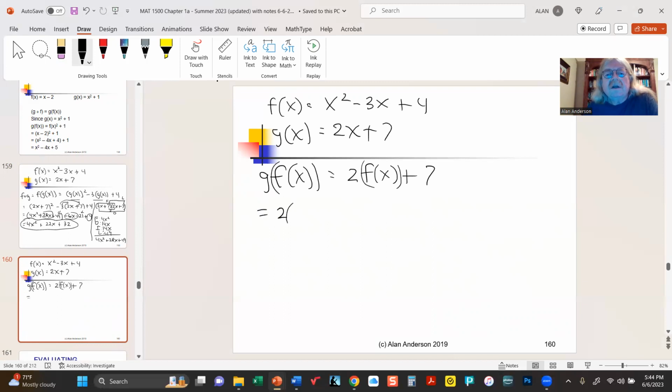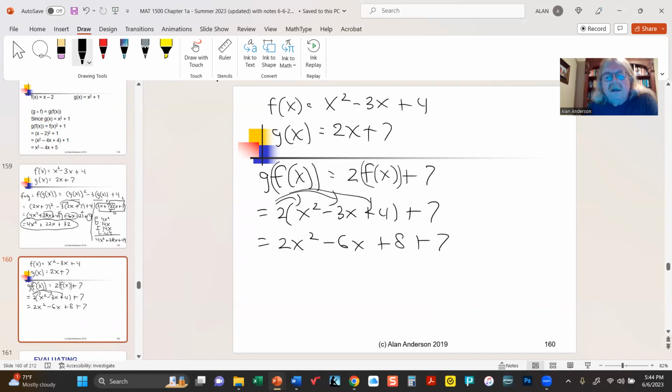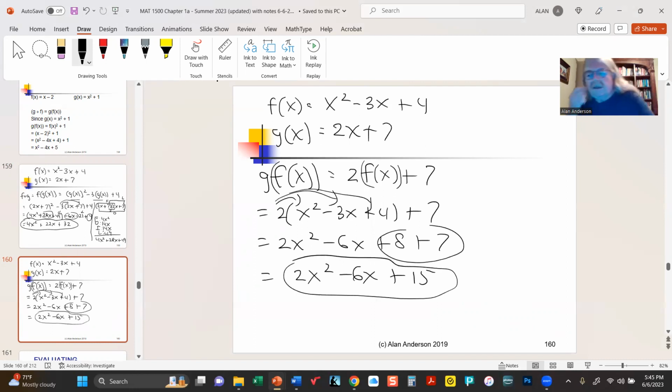So you've got 2 times x squared minus 3x plus 4 plus 7. I can distribute this 2 across all 3 of these terms. 2x squared minus 6x plus 8 plus 7. And so I've only got 2 like terms, the 2 constants, 2x squared minus 6x plus 15. Okay. All right, and so that's that. I think we're in pretty good shape now.